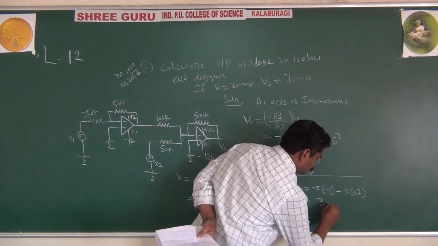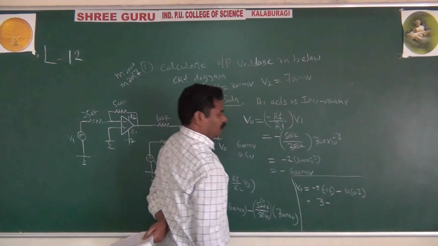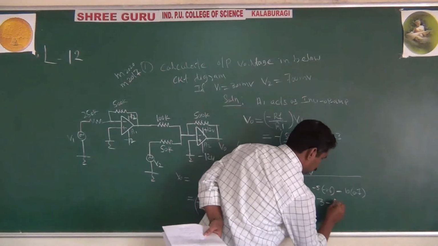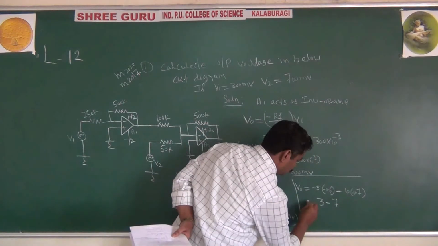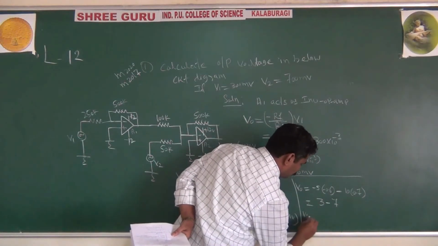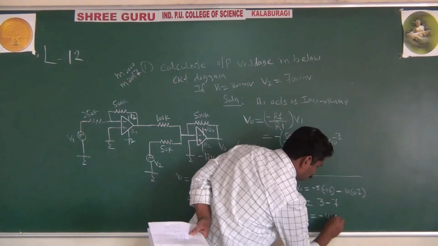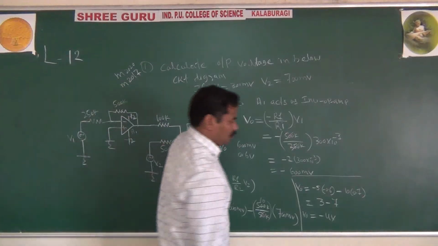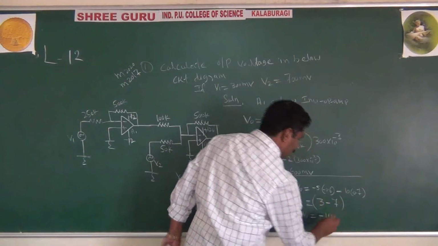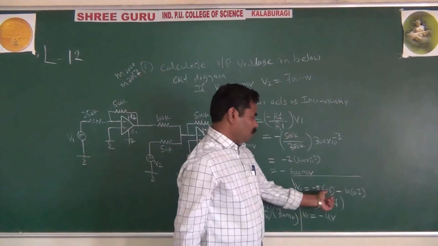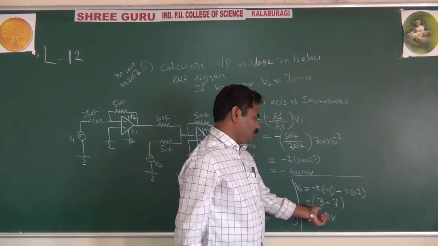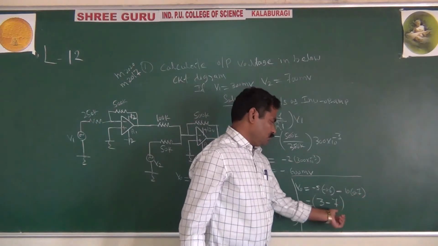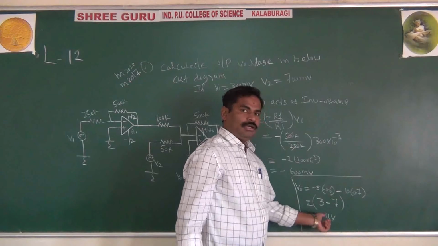And here minus 10 into 0.7 gives 7. So 3 minus 7, and the output V out is equal to minus 4 volts. That is the final answer, very simple.